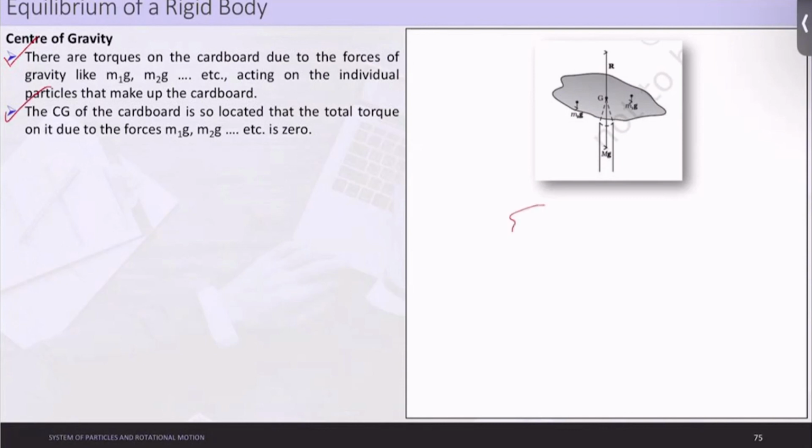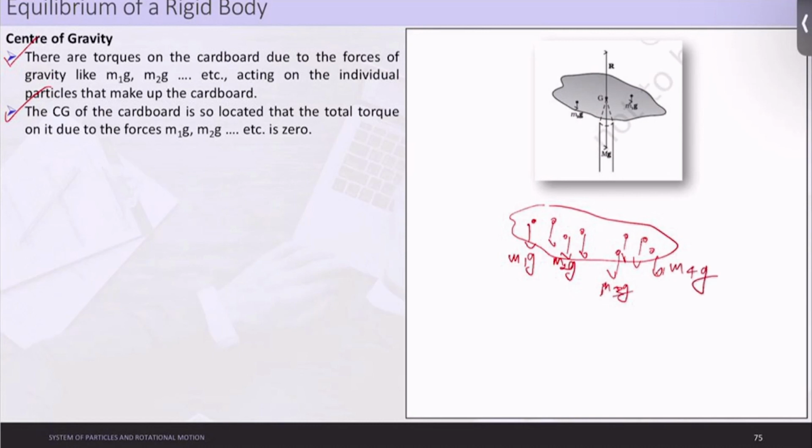So this can be assumed as m1, m2, m3, m4, m5, m6, m7, all acting in this position like this. Okay, so it's like m1g, m2g, m3g, m4g, and so on. The CG of the cardboard is so located that the total torque on it due to the forces m1g, m2g, etc. is 0. The summation of the torques is equal to 0, and that is why we say that the rotational equilibrium is 0.